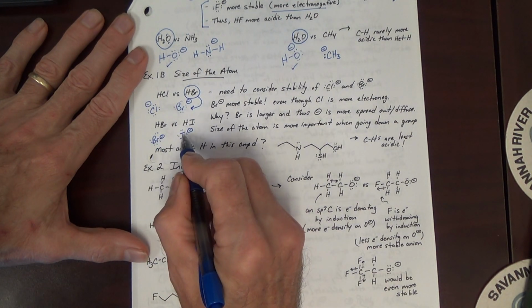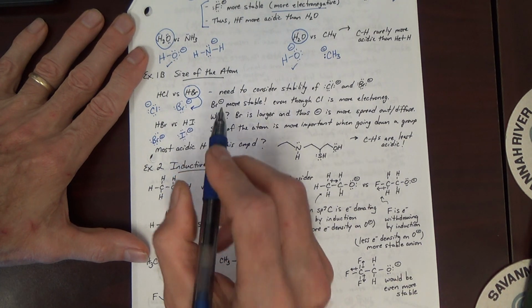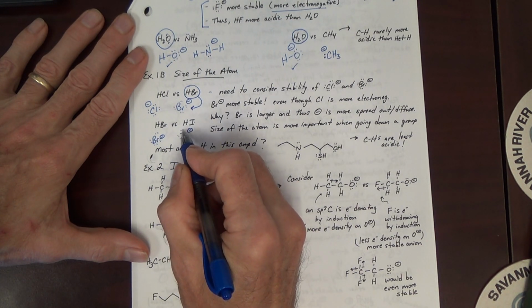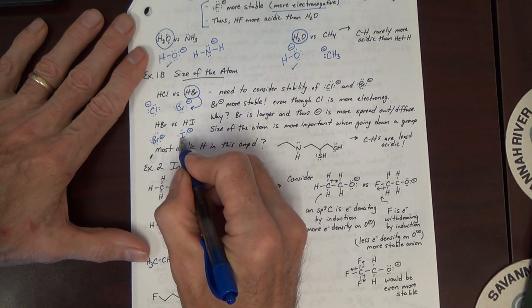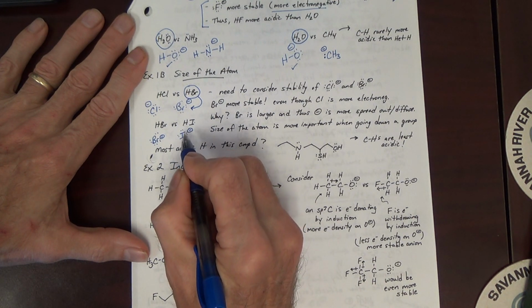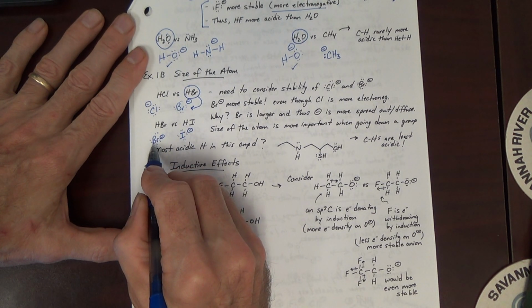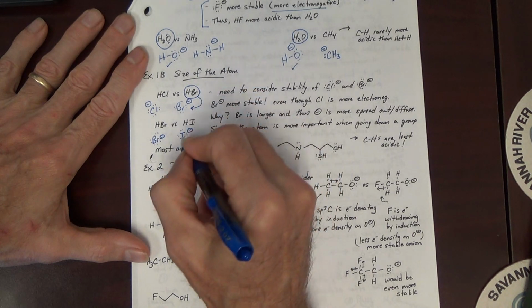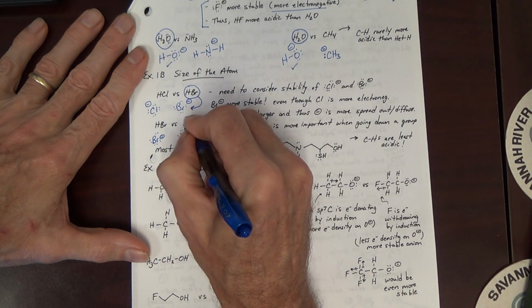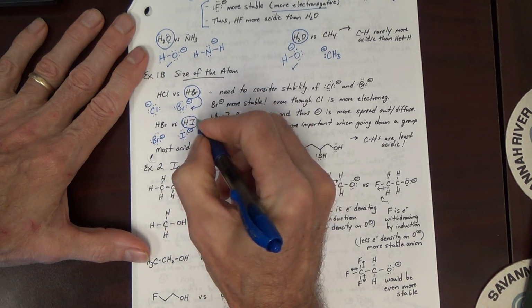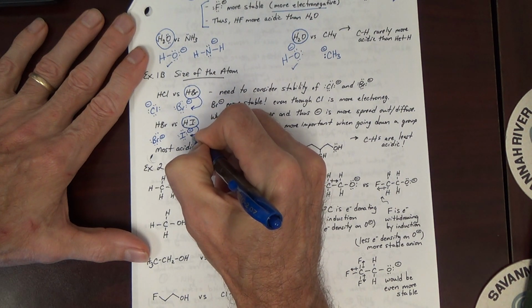We're in the same group. The charge is more diffuse, it's more spread over a larger atom. That's a more stabilizing factor than the increased electronegativity of the bromine. This is more stable, thus HI is more willing to act as an acid to become the more stable anion.